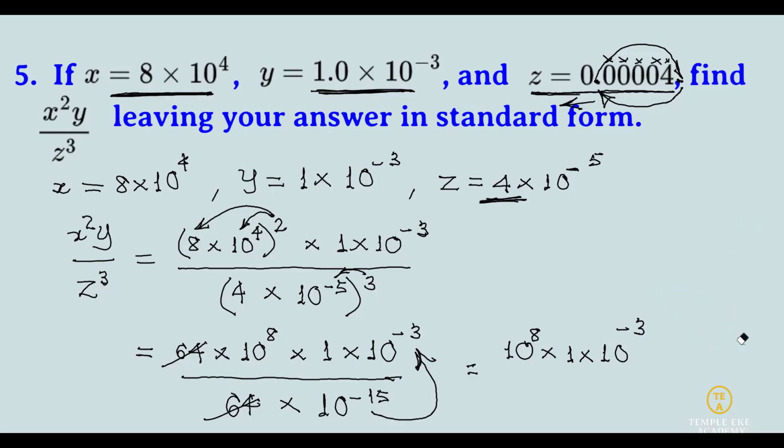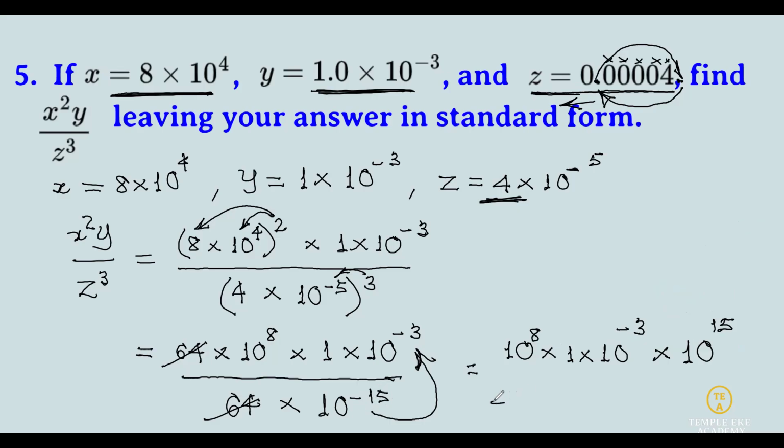And now 10 to the power minus 15 goes up in the numerator with a change of its sign. So we have 10 to the power positive 15. That's right. So mobility of a term in the denominator elicits a change of the sign of its power.